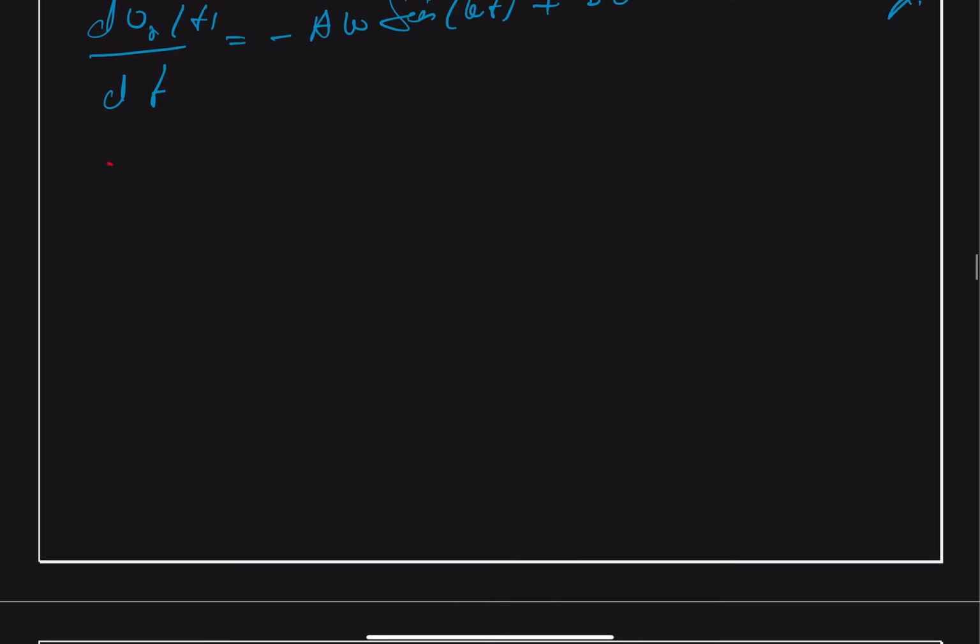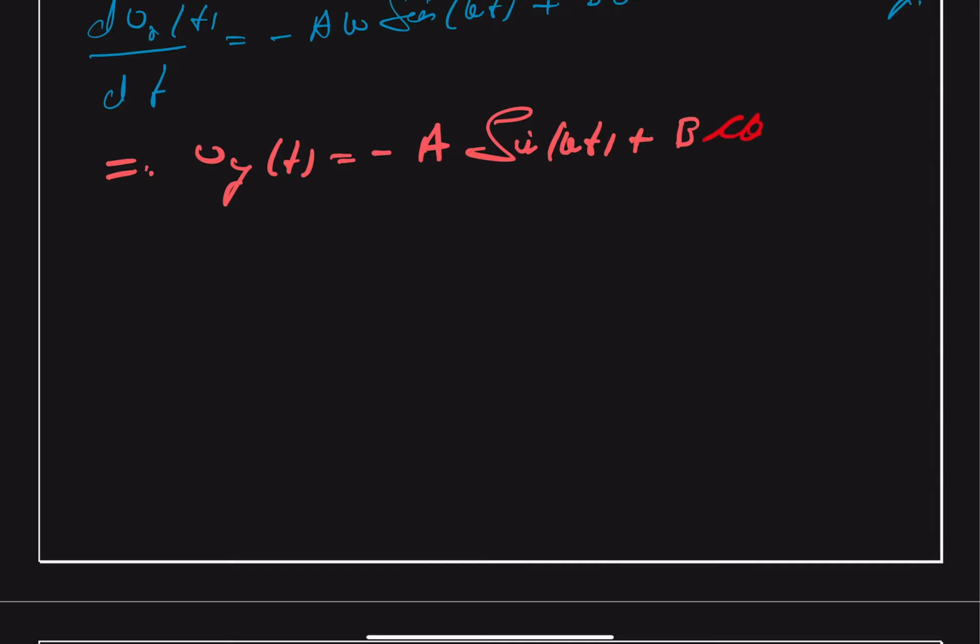Therefore we can write that our vy of t is equal to minus a sine of omega t plus b cos of omega t.